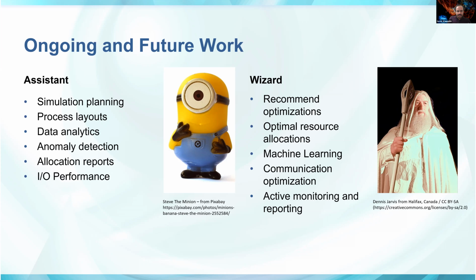In a similar manner, for process layouts, you can look at the existing data and figure out what's an optimal layout there. We can also do a lot of data analysis and statistical analysis on existing data to figure out if there are areas of concern like underutilized resources or suboptimal layouts.